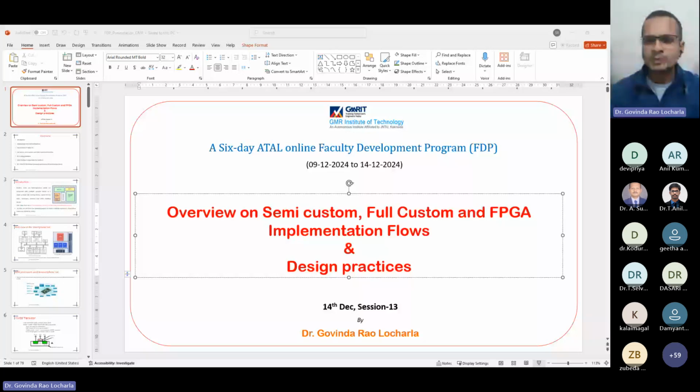Those can be analog blocks, sensors, memories, embedded blocks, and buses to connect various IPs inside the chip. The chip itself will have the processor, peripherals, and memory for different applications like consumer electronics, medical, automotive, and industrial electronics.